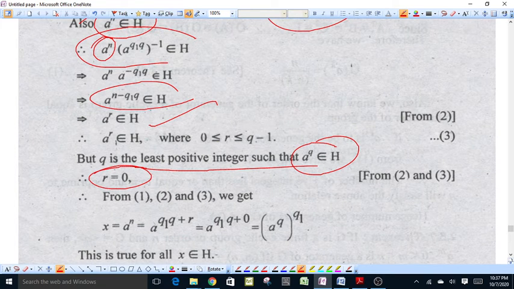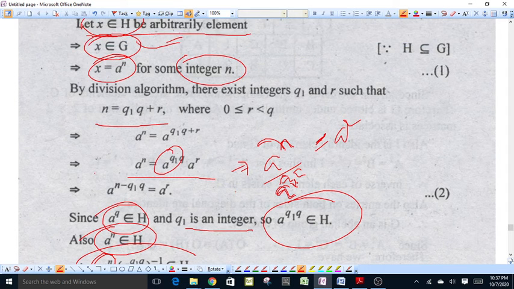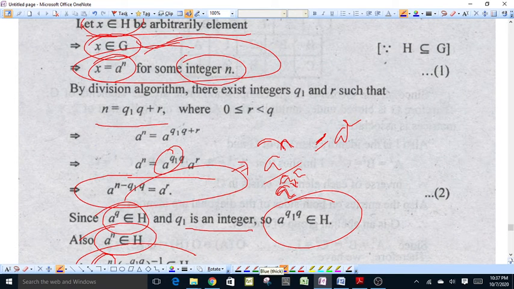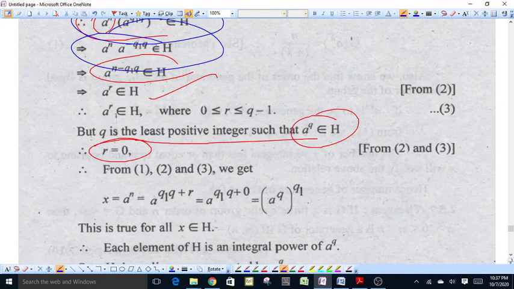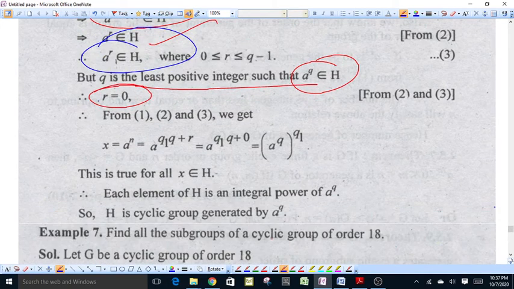And from the first, second and third, we see that x is equal to a raised to power n, which is equal to a raised to power q1 q plus r, and r comes out to be 0. Therefore x is equal to a raised to power q, raised to power q1.